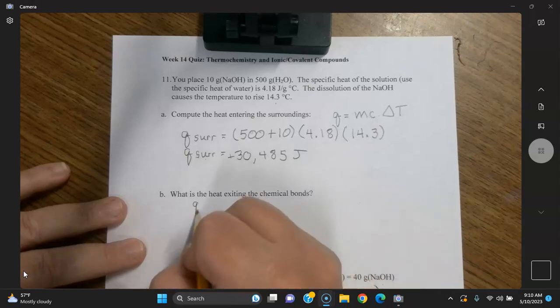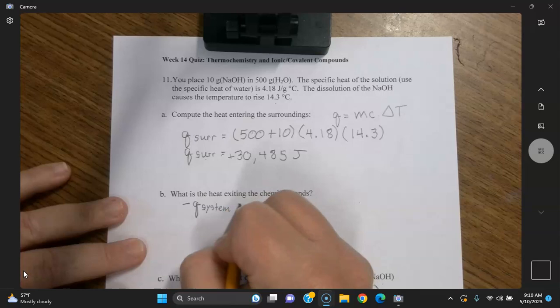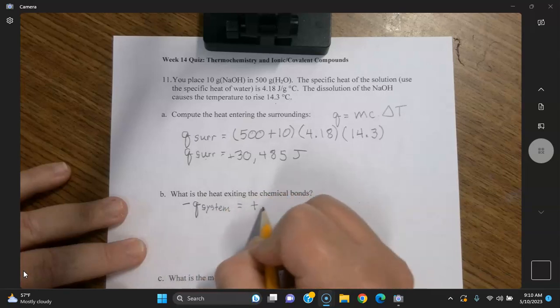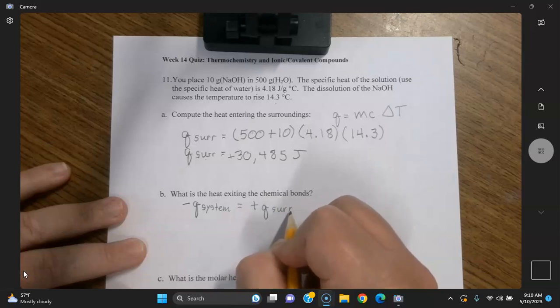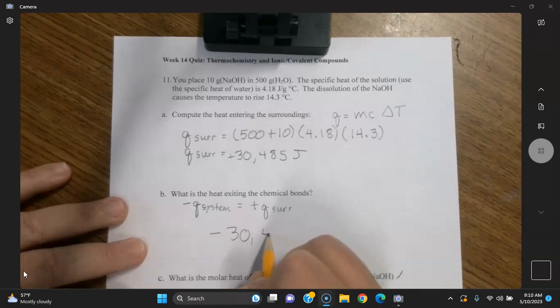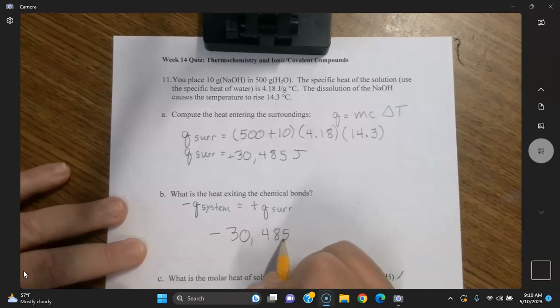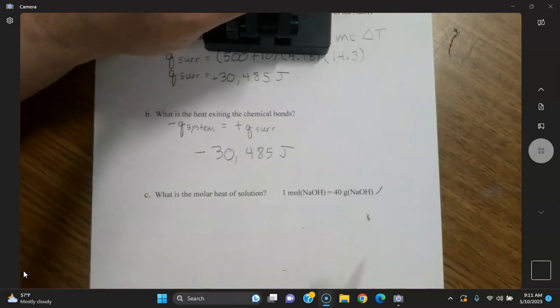You didn't have to write this if you just went ahead and did it. But negative Q of system, that's the chemical bonds, that's what we're studying, equals positive Q of the surroundings. Okay, so it's simply going to be negative 30,485 joules that came out of the reaction.